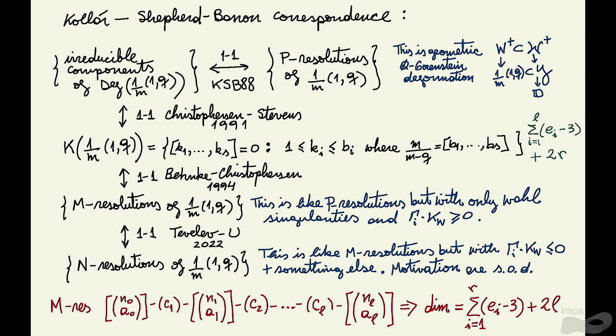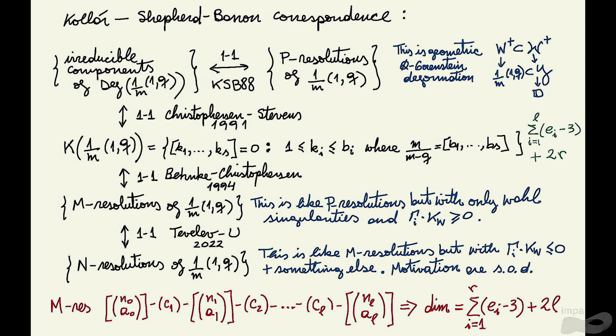You have the cyclic quotient singularity, you take the P resolution, and you consider Q-Gorenstein smoothings of the P resolution, and those Q-Gorenstein smoothings blow down to smoothings of the cyclic quotient singularity. So it's very geometric, and in that way you understand all the smoothings of a cyclic quotient singularity using the P resolutions.